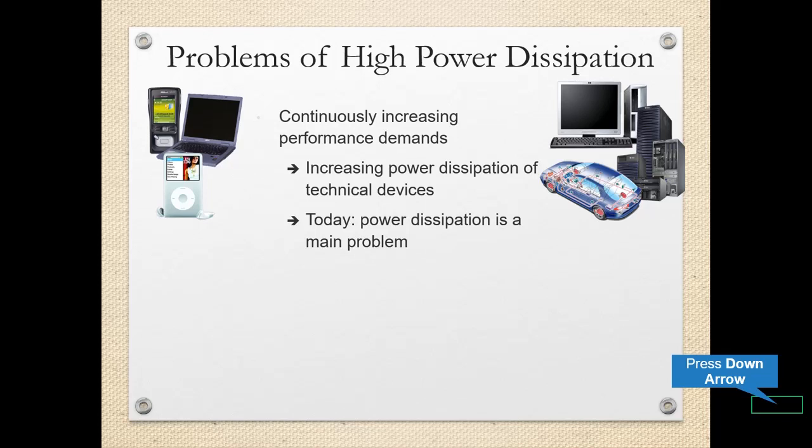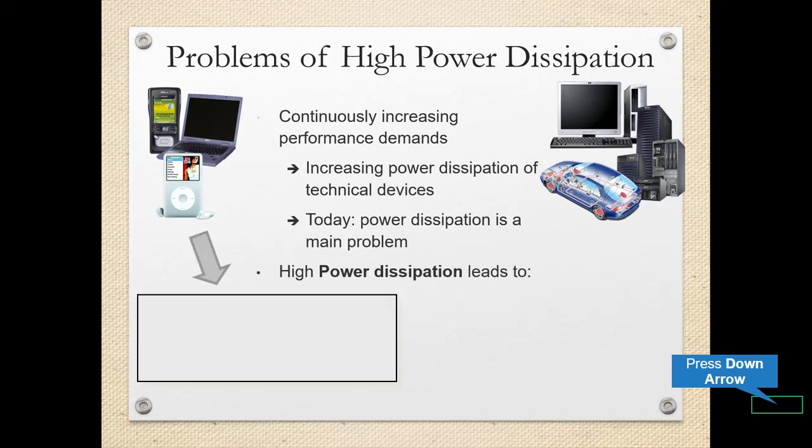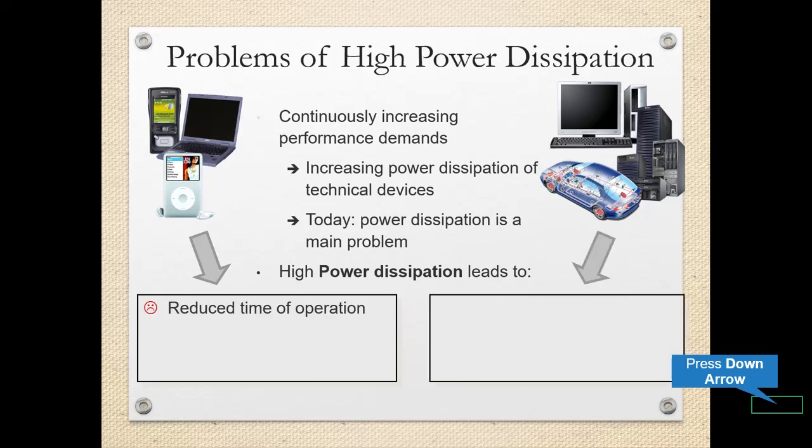The increasing power dissipation of technical devices is the main problem, because as we want to operate devices at very high speed, the switching speed will increase and the power dissipation will also increase. So today power dissipation is the main problem, and this high power dissipation leads to different problems like reduced time of operation, higher weight, that is the batteries required will be bulky, and reduced mobility.